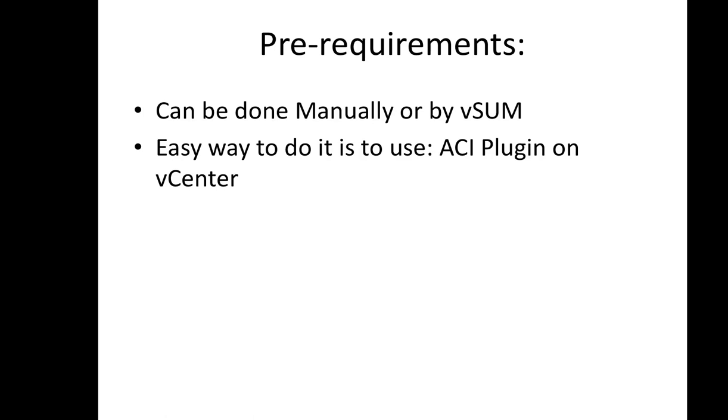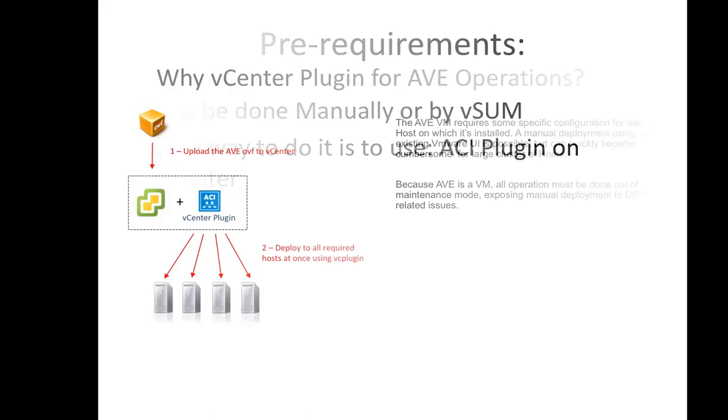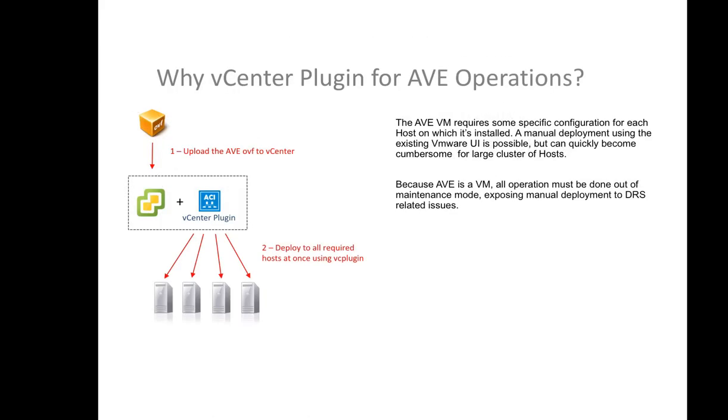In this particular case, we are really not going to be interested in doing all that. The main purpose for us is to use this plugin to install AVE on different hypervisors. It makes it very easy. So why use the vCenter plugin to do this?